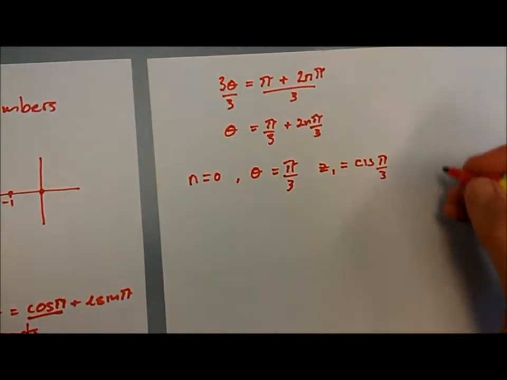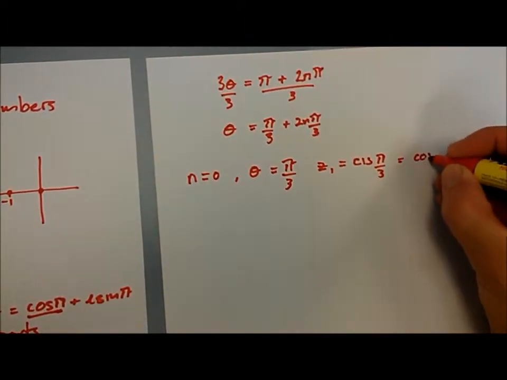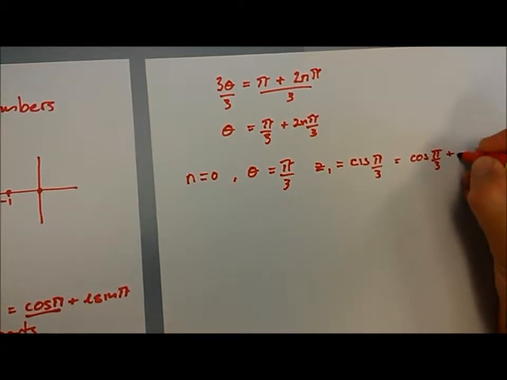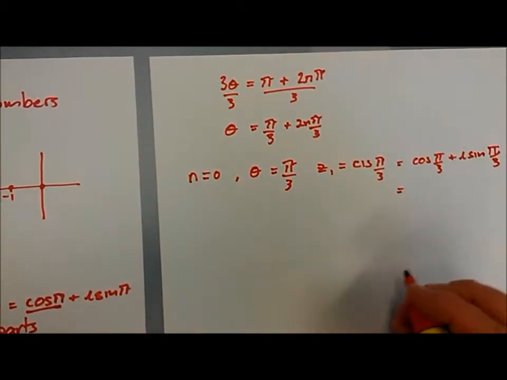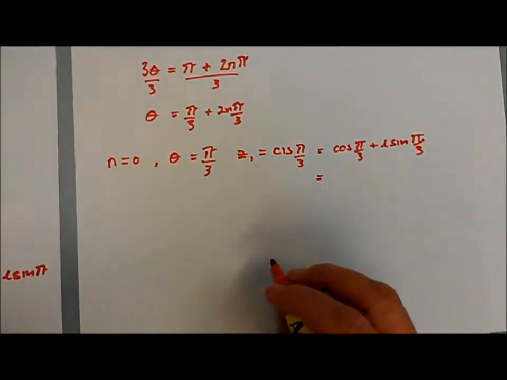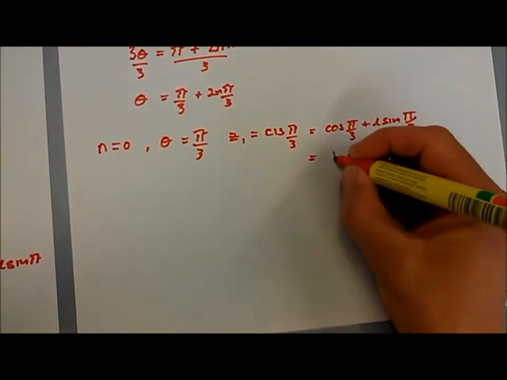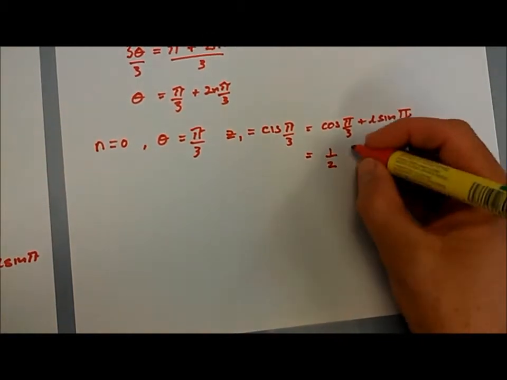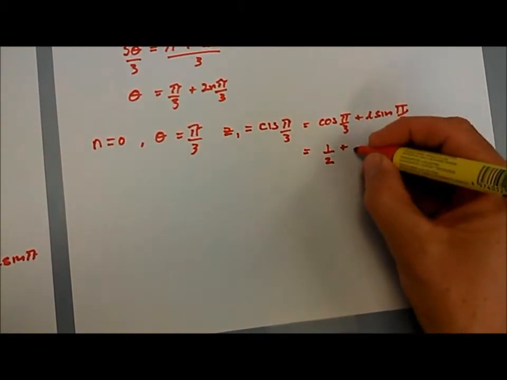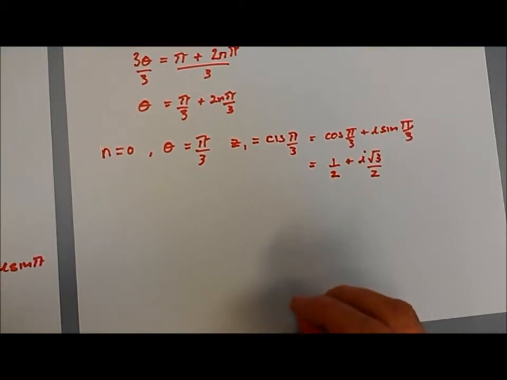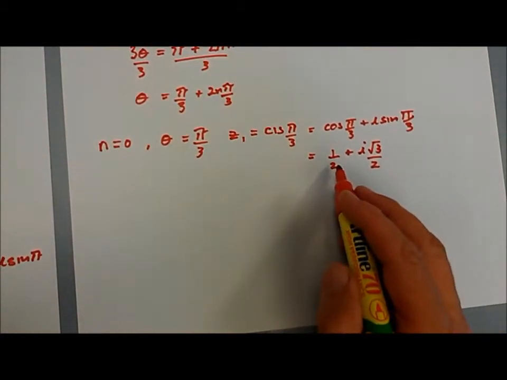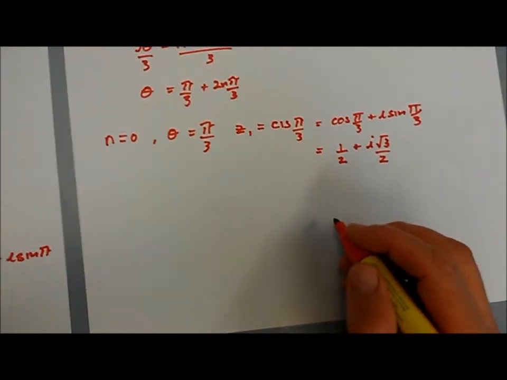I could write that out as cos π/3 plus i sin π/3, which then lets me take it back to x plus iy form, and cos of π/3 is 1/2, and i sin π/3 is going to be i√3/2. So there's one complex root of -1, cube root.